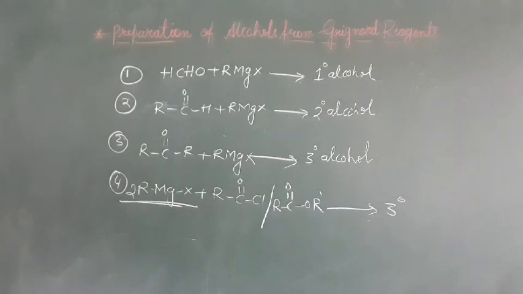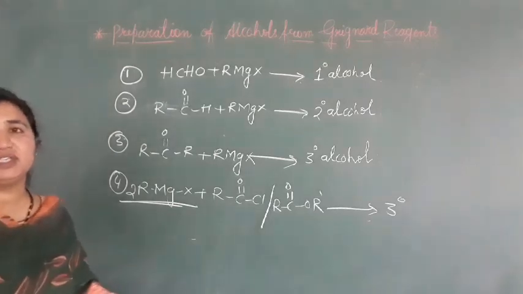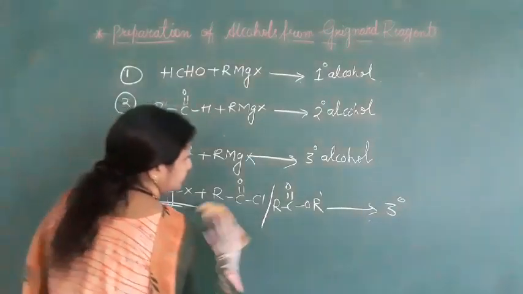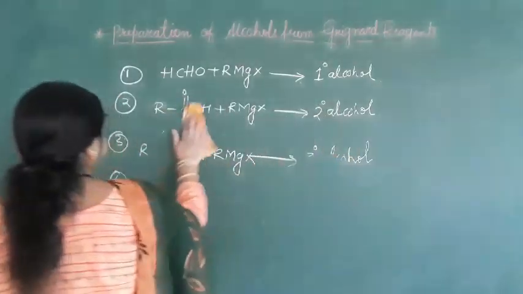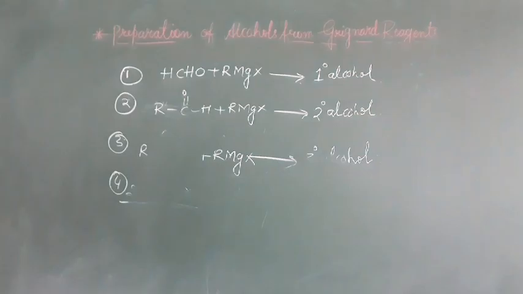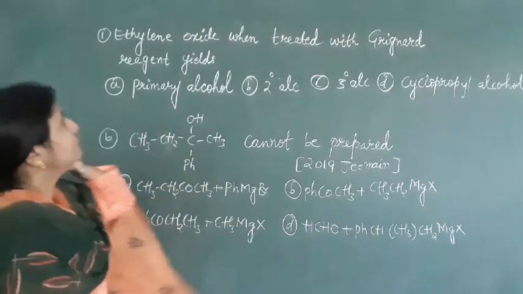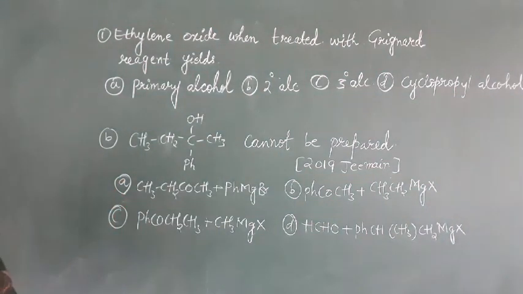Now next we will see how they will ask questions based on this Grignard reagent. Okay, question now based on this topic. First question: ethylene oxide when treated with Grignard reagent yields what?